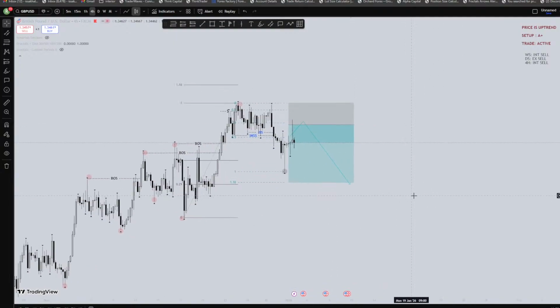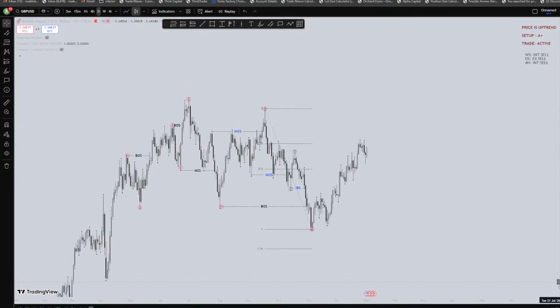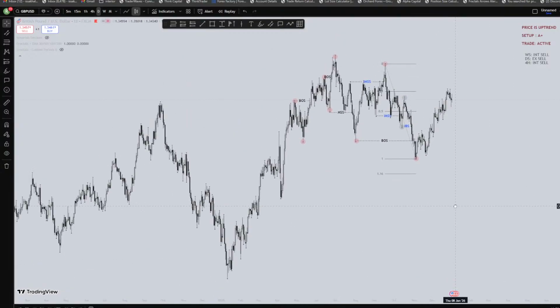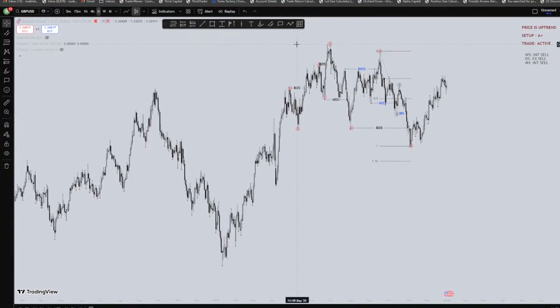So this is why we've entered the sell, because we're also in a sell, so it's aligning the daily as well. Stream sync point taken now, and the high.